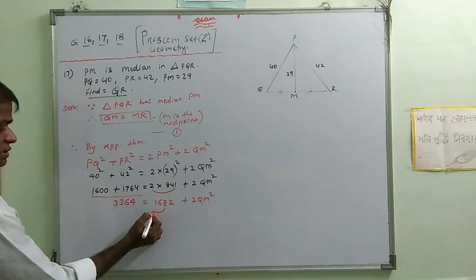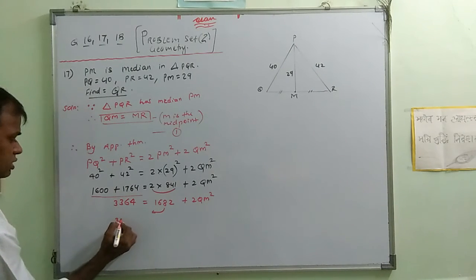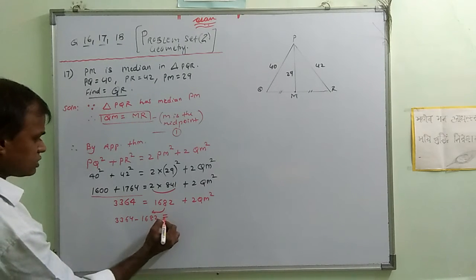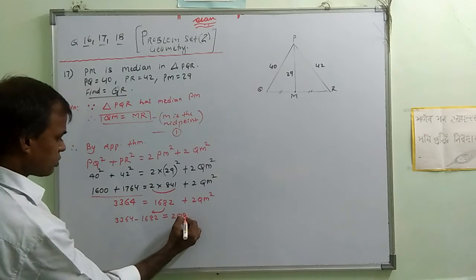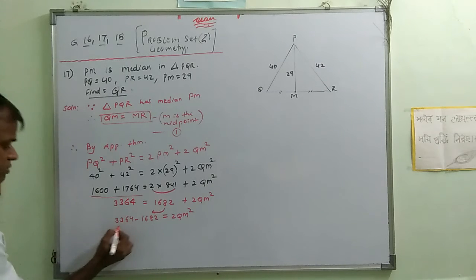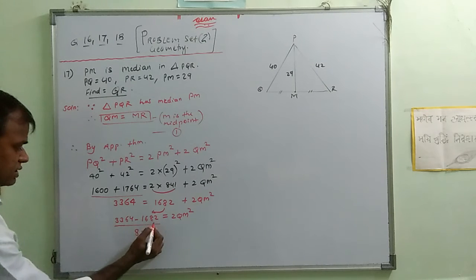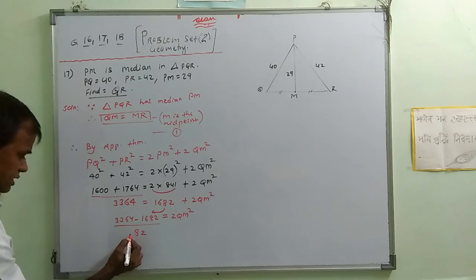Let's get this side minus, so 3364 minus 1682 equals 2 QM square. Let's subtract. 4 minus 2 becomes 2. 6 minus 8 not possible, so 16 minus 8 is 8. 12 minus 6 is 6. 2 minus 1 is 1.